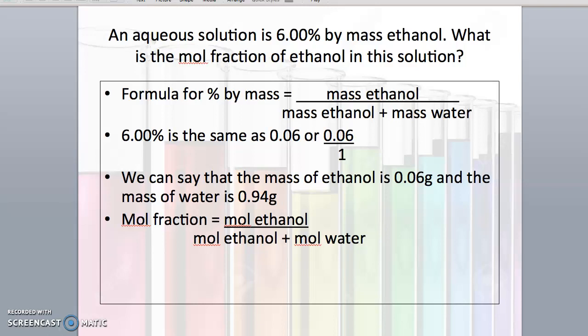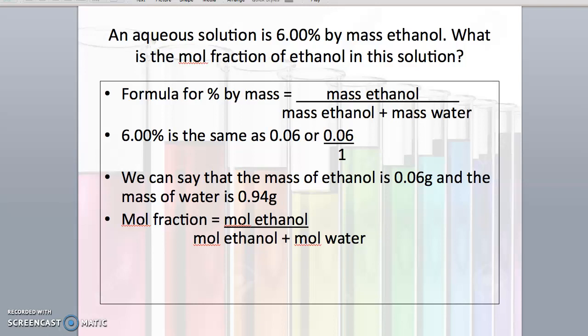That's like the decimal percent. And 0.06 is the same as 0.06 over 1, right? I can divide any number by 1. It doesn't change the number. But what I've done is I've created a fraction where I know that in the numerator, my value is 0.06 and my denominator is 1. So what do I mean by that?